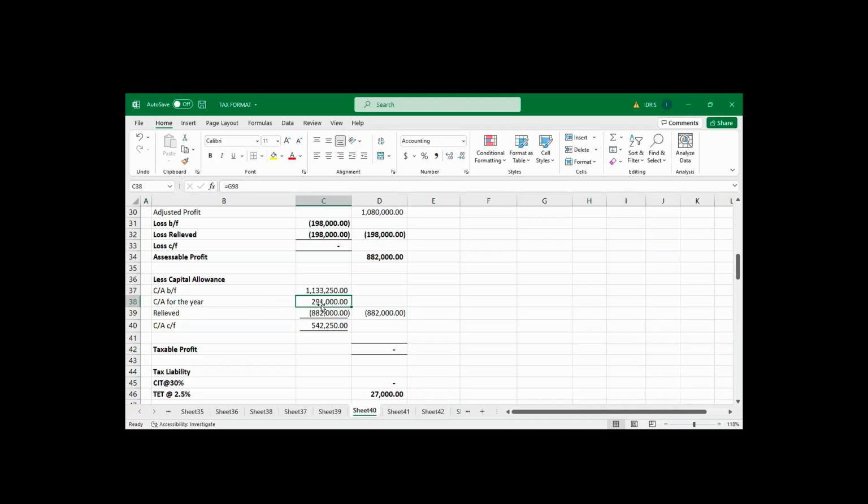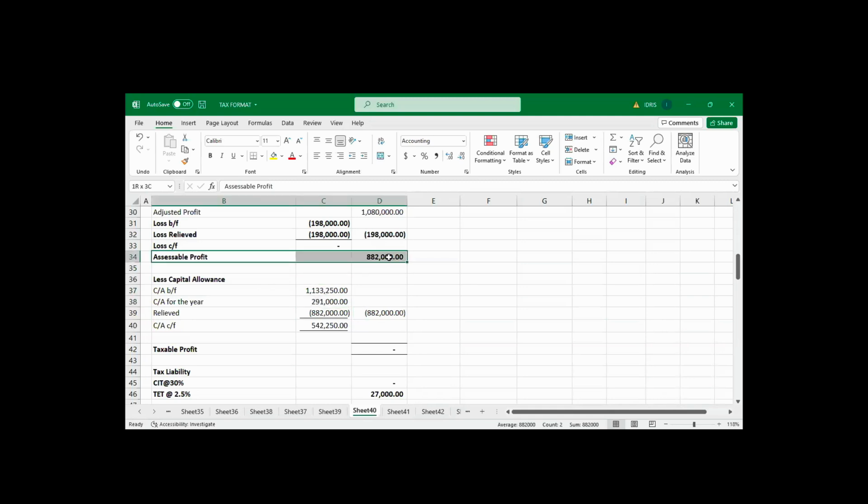If we add the two capital allowances together, what profit available do we want to relieve the capital allowance from? The remaining profit, 882,000.